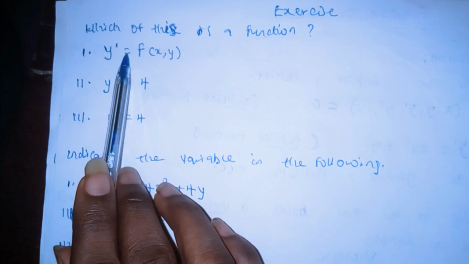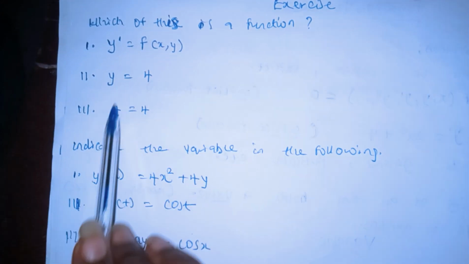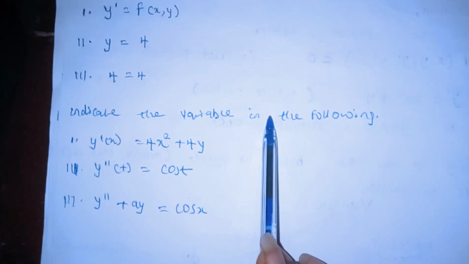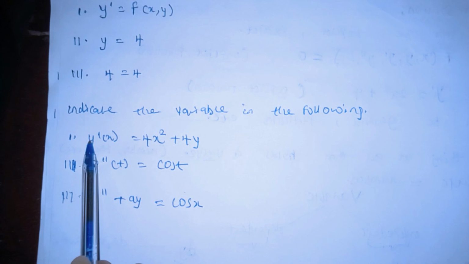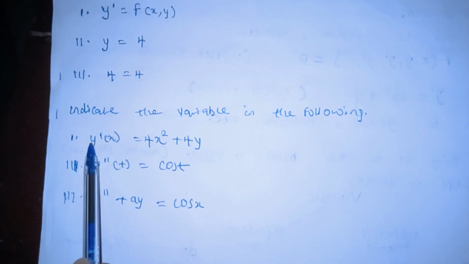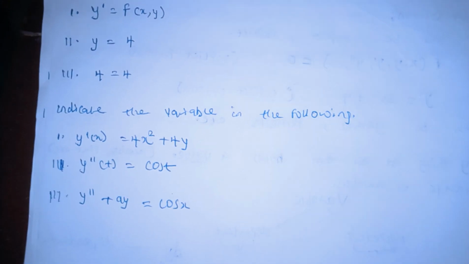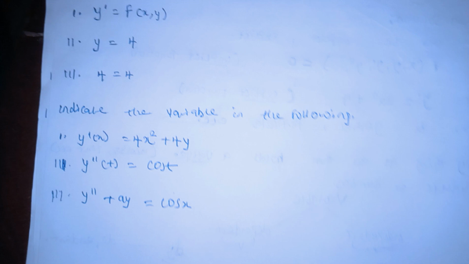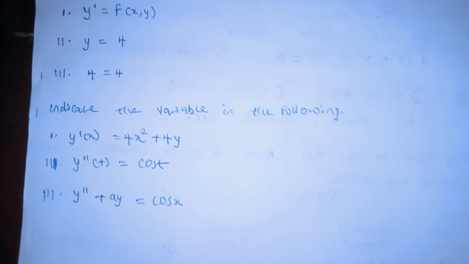Indicate the variable in the following: y is a function of x, which is a function of s, a function of t. I will advise you to pause the video, pick the question and solve it in your exercise book, and come back to the channel to see the solution that will help you.